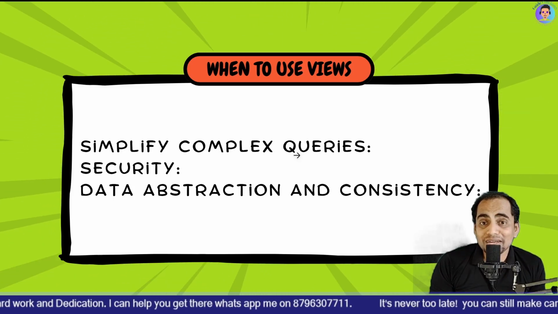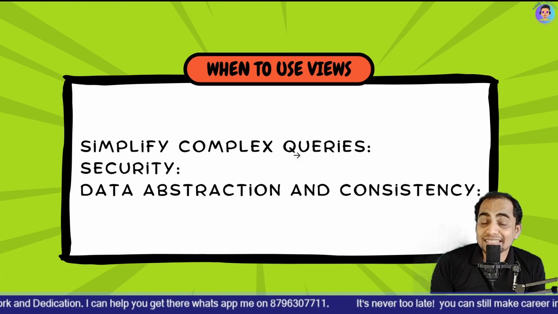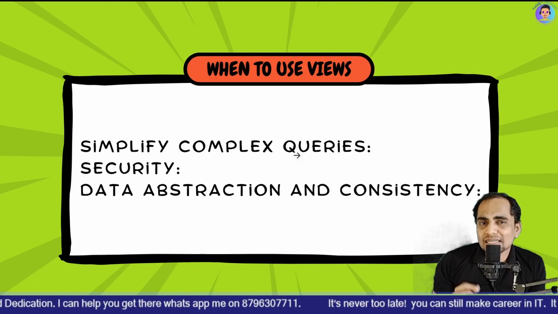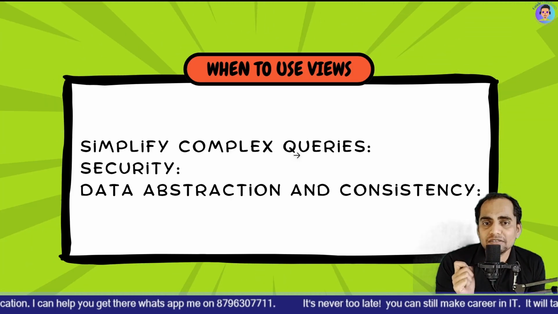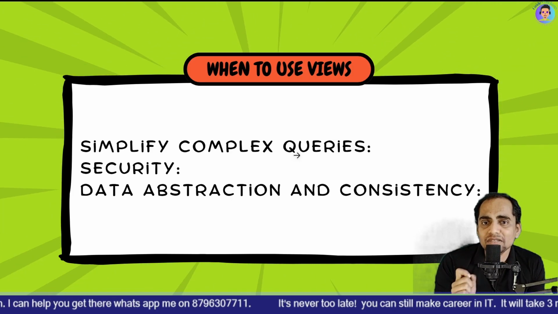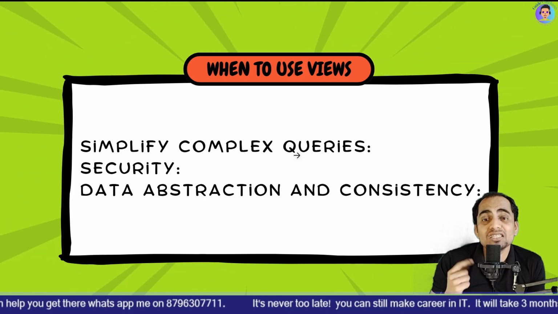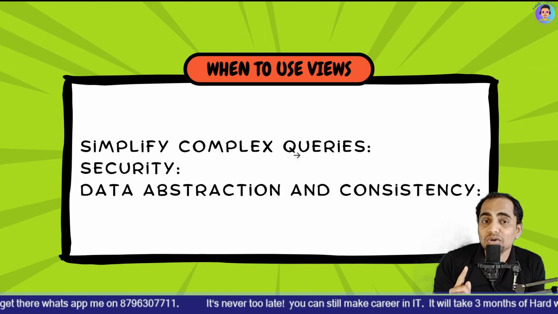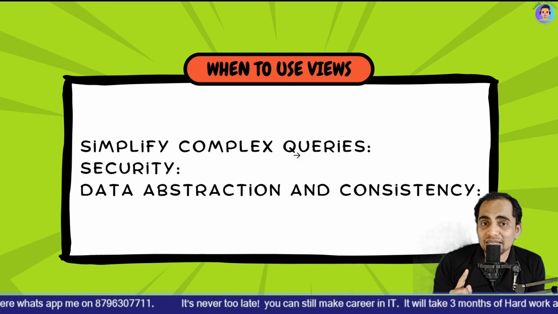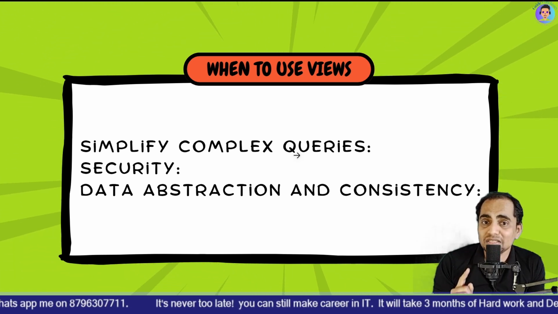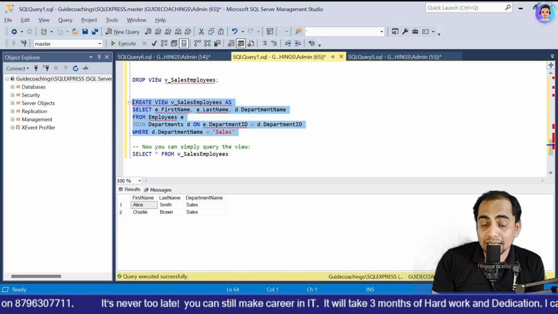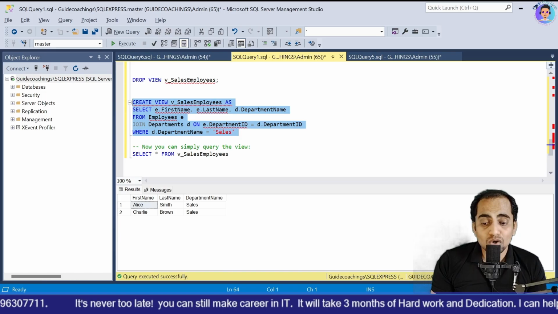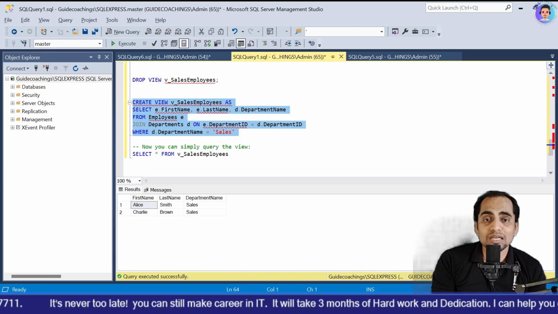Now, the third point is data abstraction and consistency. Views provide a consistent and simplified interface to the database. Even if the underlying schema changes, applications querying the view might not need to be modified if the changes are handled within the view definition. Let's go back to the practical window. Over here, you can see this is my complex query.